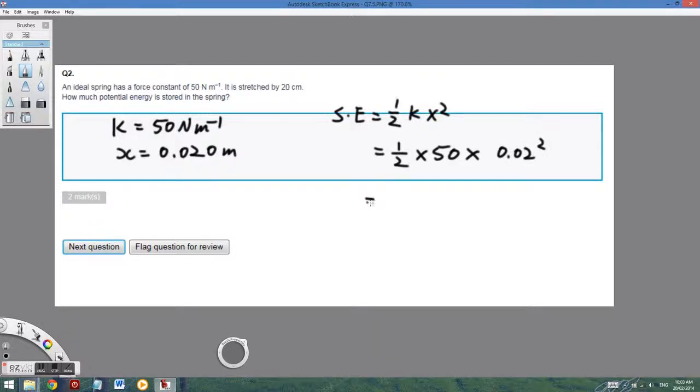Type it into your calculator. I think it's 0.4. Type it in. It's going to be 0.01 joules.